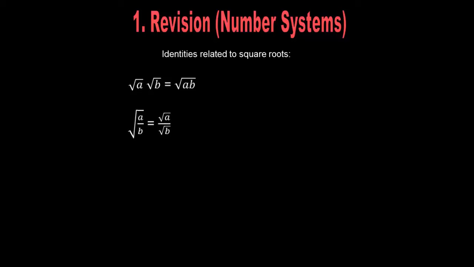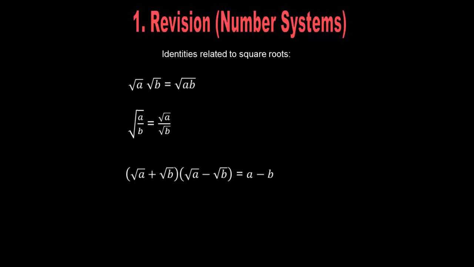Now we look at identities which are related to square roots. First of all, square root of a multiplied by square root of b is equal to square root of a into b. Square root of a divided by b is equal to square root of a divided by square root of b. We know this formula: a plus b into a minus b is equal to a square minus b square.